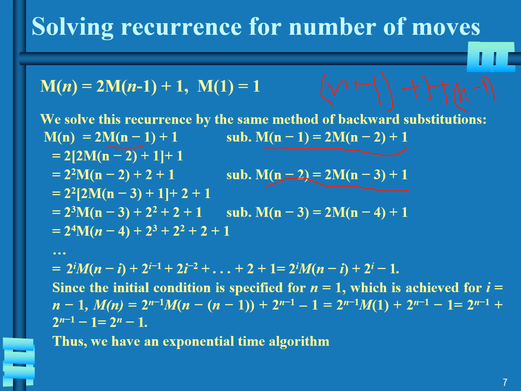Okay, so in general, we have to find out the closed form of that recurrence. So 2 power i m of n minus i, plus 2 power i minus 1 plus 2 power i minus 2 and so on. Okay, so 2 power i m of n minus i plus a summation of 2 power i, which ranges from 0 to n.